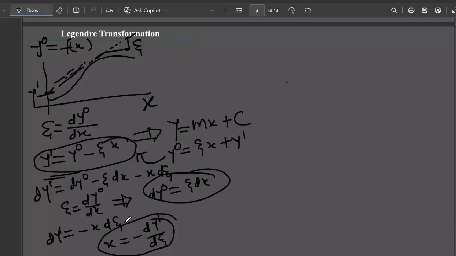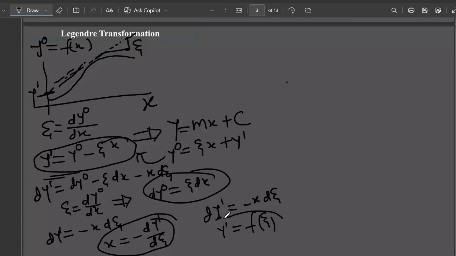We can also interpret it from here as dy1 equal to minus x d zeta. So here dy1 varies with zeta, so y1 is a function of zeta.